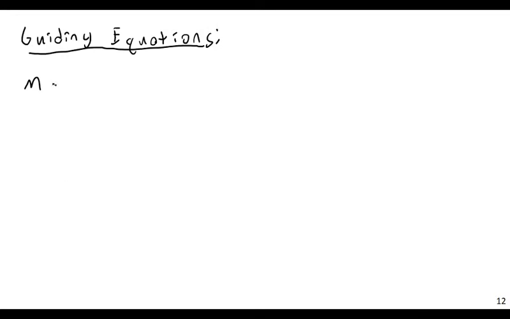So we have mv1 plus the integral from t1 to t2 of F dt is equal to mv2.